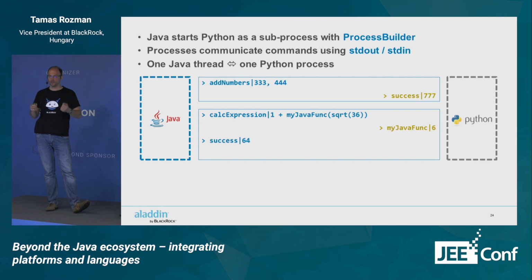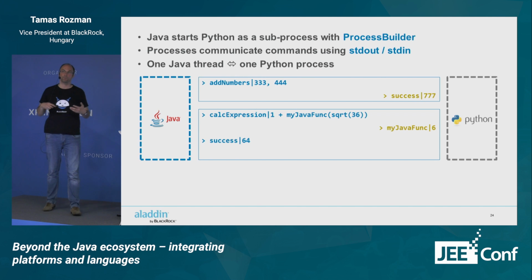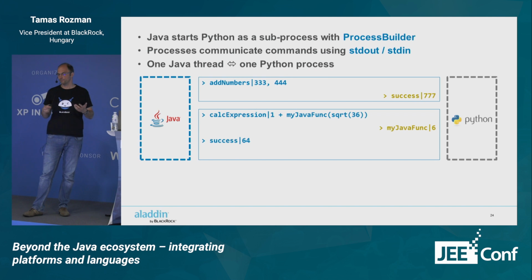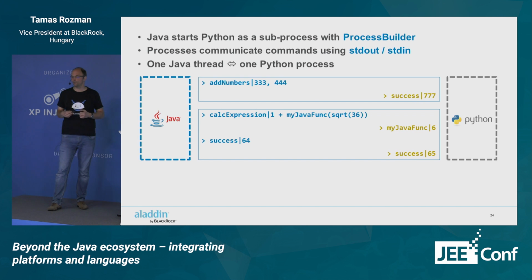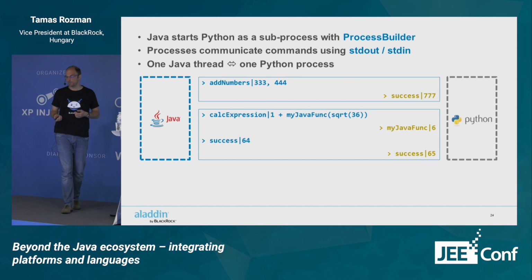Java would say that okay, this myJavaFunc is actually a power function, 2 to the power of the parameter, so 2 to the power of 6 is 64. So it would write that okay, I calculated it for you, success. And based on this information, Python can conclude that the full result for the calculation is 65. So this is a more complex example.